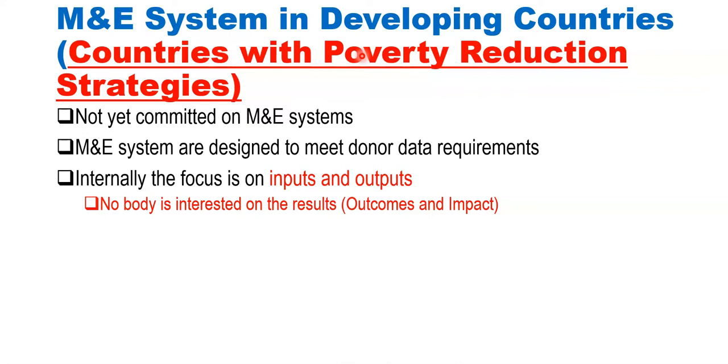What I mean here, when we are constructing a bridge, in most cases in these countries, countries with poverty reduction strategies like ours, people will be interested to see whether the resources are correctly used, where we will find the auditors going for auditing. But again, they will be interested to see whether the bridge has been constructed.